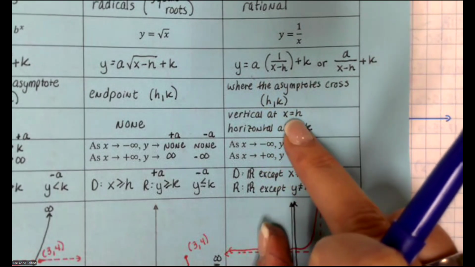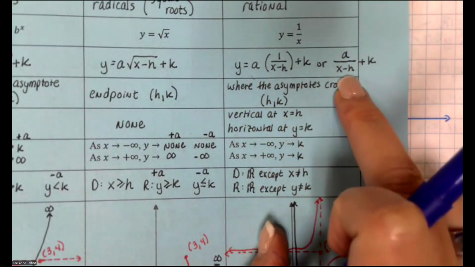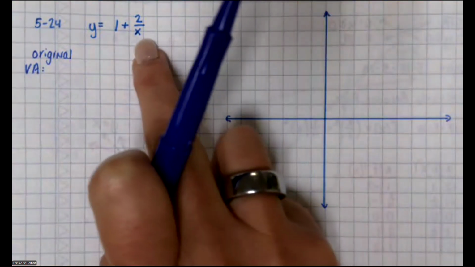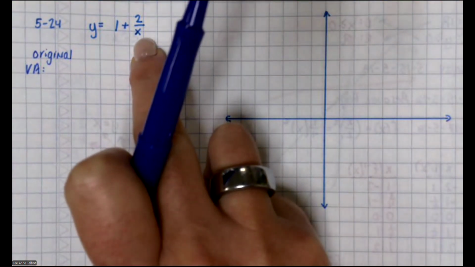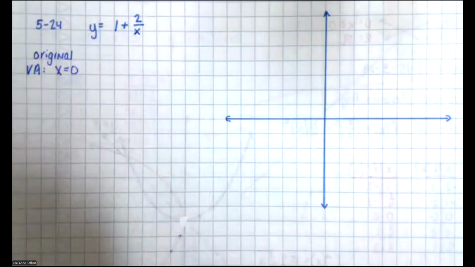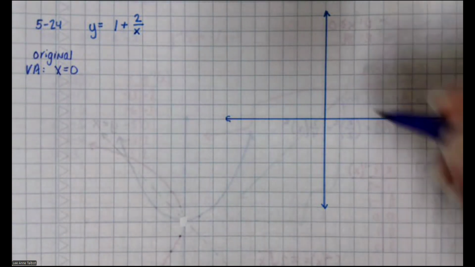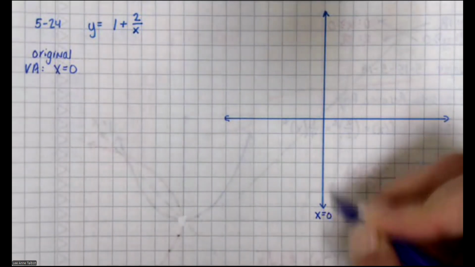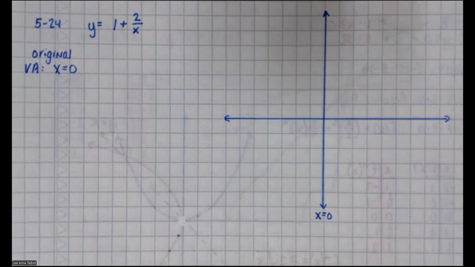Vertical asymptote is at x equals h. So it would be any number that was after x in the denominator. There's nothing there. 0. Okay, super hard to draw. I'm just gonna put x equals 0 here. Just pretend that there's a dashed line there on the y-axis.